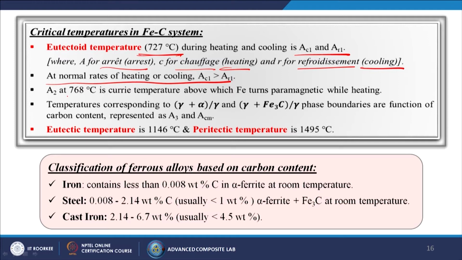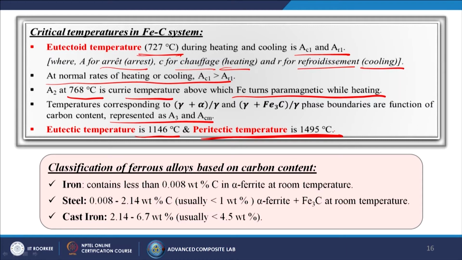A2 at 768 degree centigrade is the Curie temperature above which iron turns paramagnetic while heating. The temperatures corresponding to gamma plus alpha by gamma and gamma plus Fe3C and gamma phase boundaries are functions of carbon content, represented as A3 and ACm. Eutectic temperature is 1146 degree centigrade and peritectic temperature is 1495 degree centigrade.